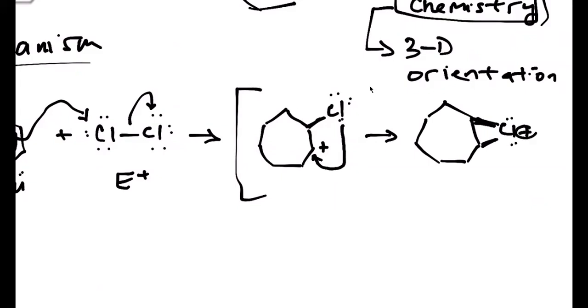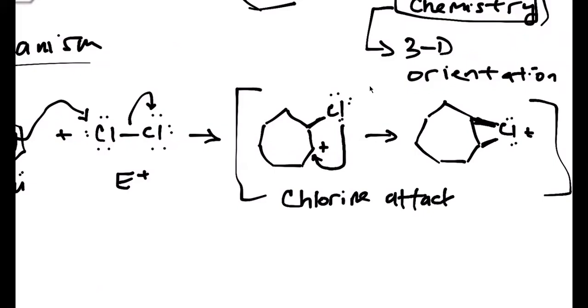And now the chlorine is positive. So you have a carbocation, but the chlorine collapses on it. And if it's internal like that, when the chlorine attacks that carbocation, we say that it's intramolecular.